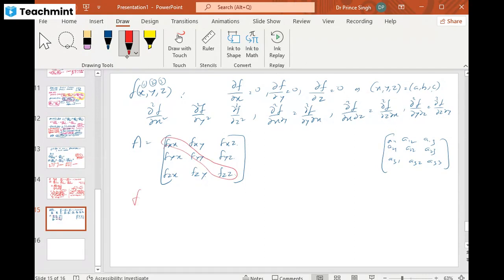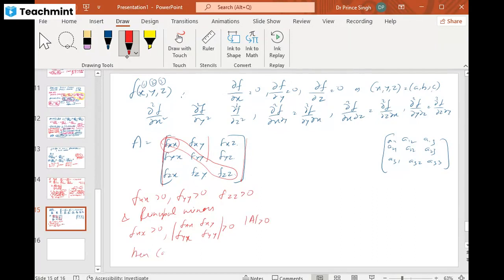Say, if f of xx is positive, f of yy is positive, f of zz is positive, and the principal minors are also positive, meaning f of xx is positive, then the minor with f of xx, f of xy, f of yx, f of yy is positive, and the whole determinant of A is positive. Then ABC is the point of minimum.